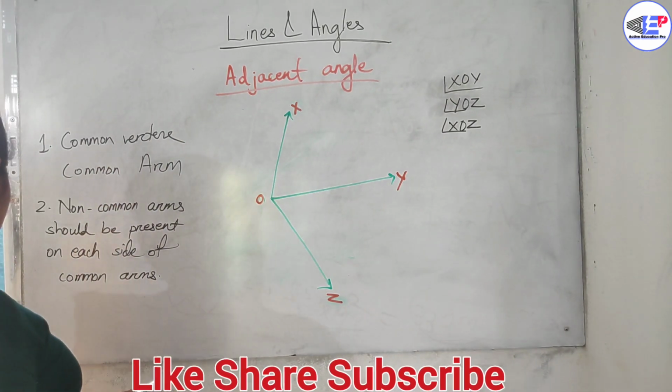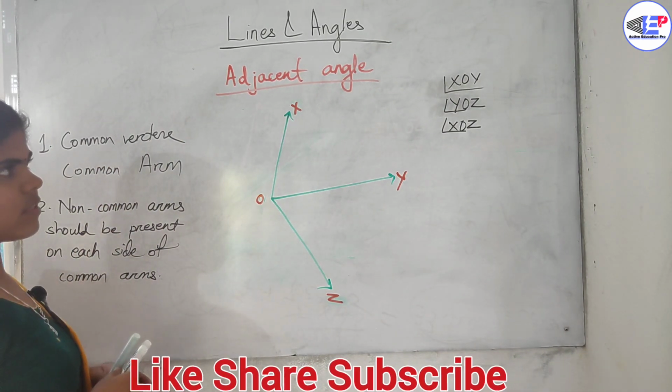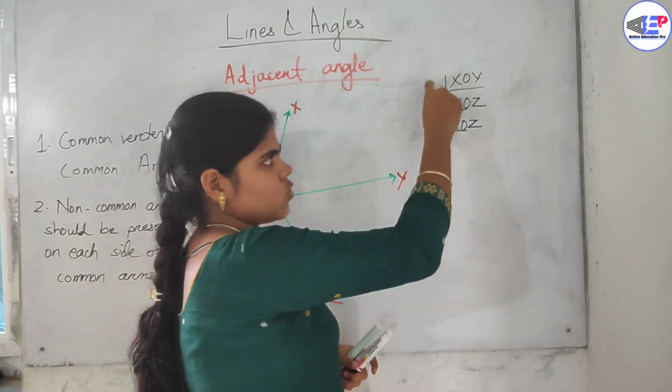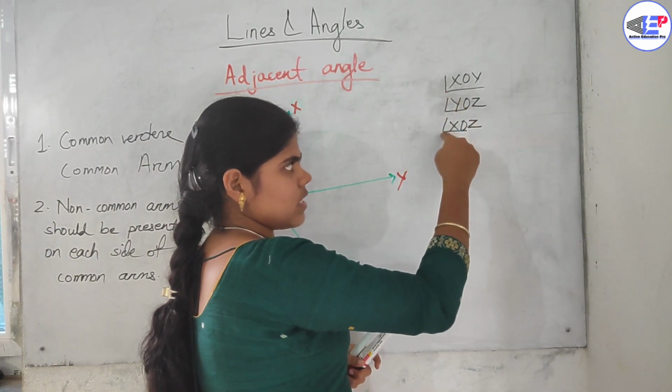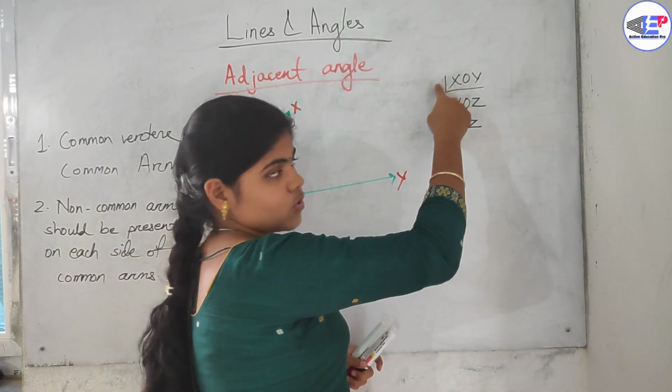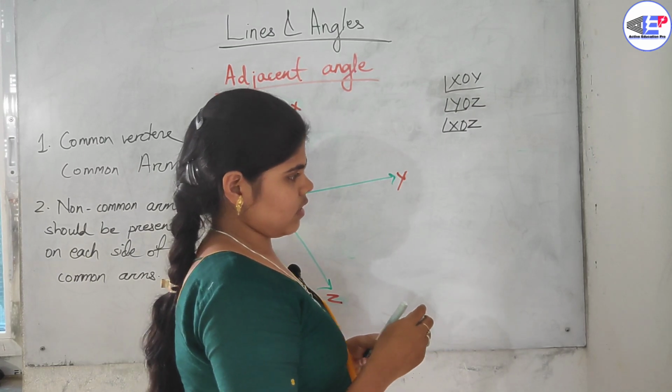O is the common vertex of all these three angles. We can compare this angle with this angle, and this angle with the XOY angle. There are three pairs of angles, you can say.